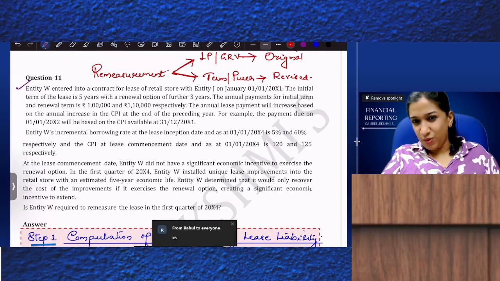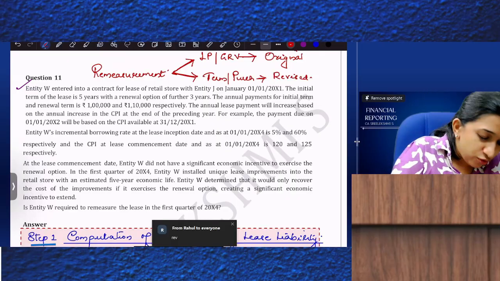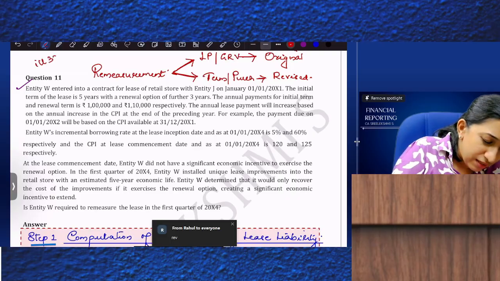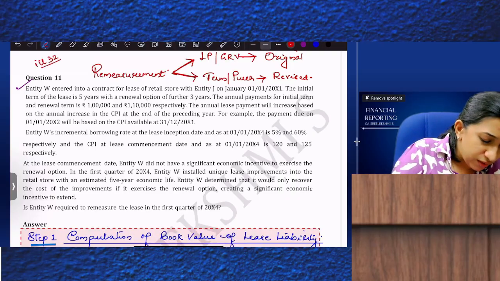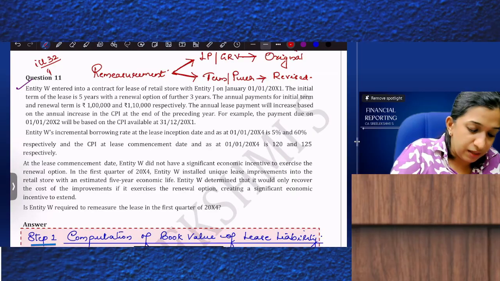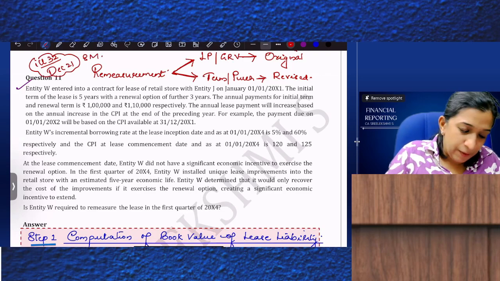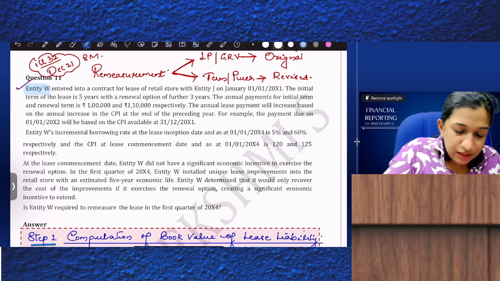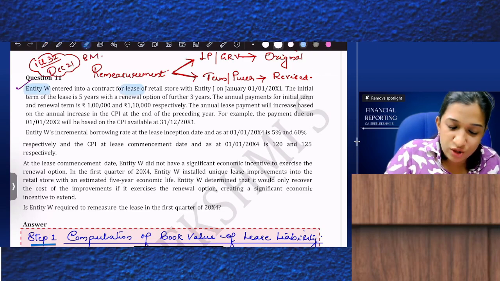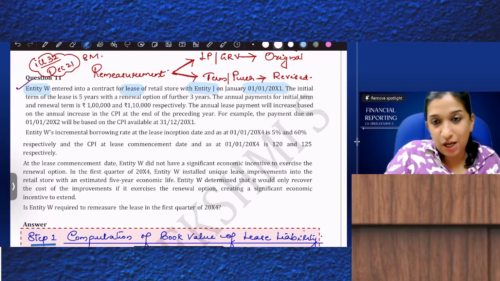So here this is a question. Actually, this is illustration 32 in our study material, and this came in the December 21 attempt for 8 marks. So what is this question? Entity W entered into a contract for lease of a retail store with entity J on 1st January 2011.